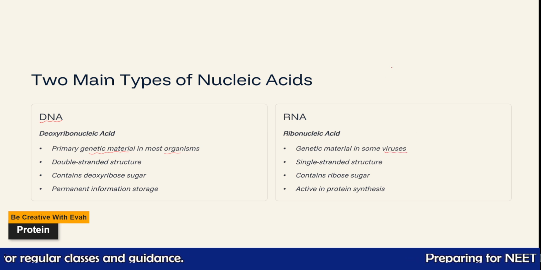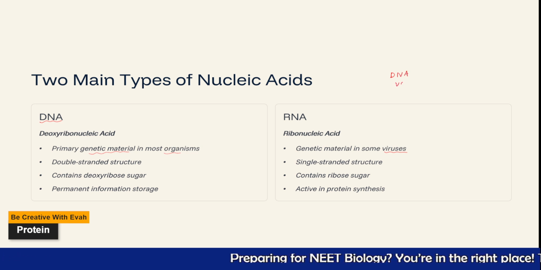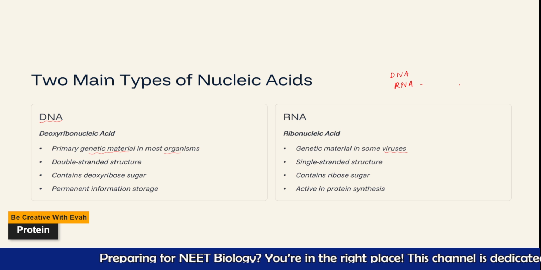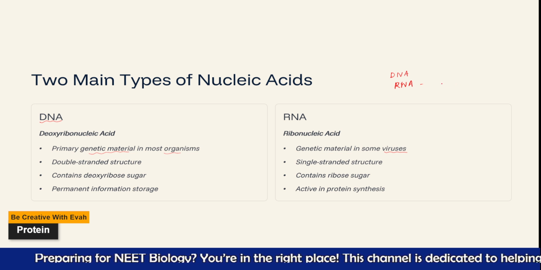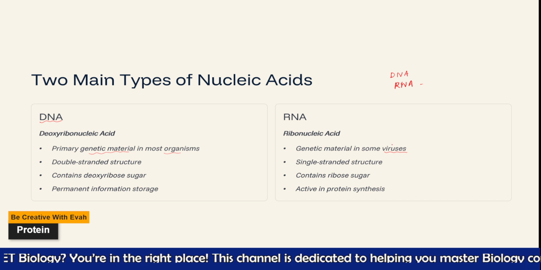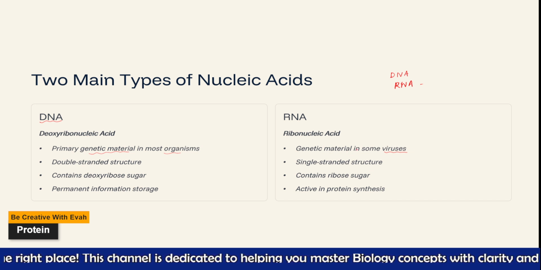We know the viruses are classified into DNA viruses and RNA viruses. For example, COVID-19, the coronavirus, is an example of an RNA virus. In such kinds of viruses, the genetic material is the RNA.